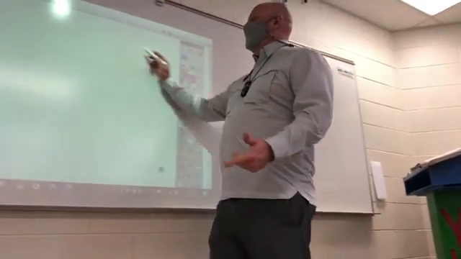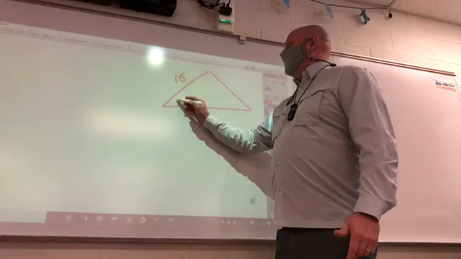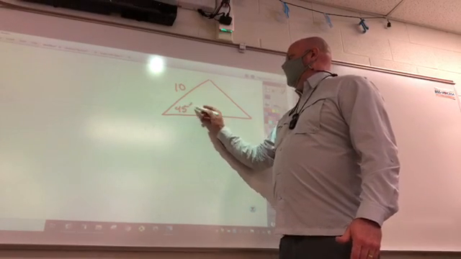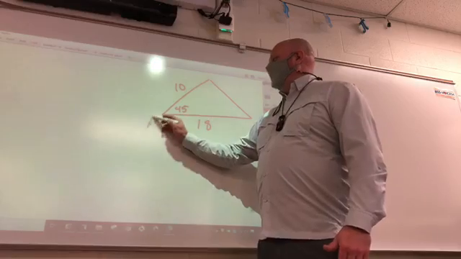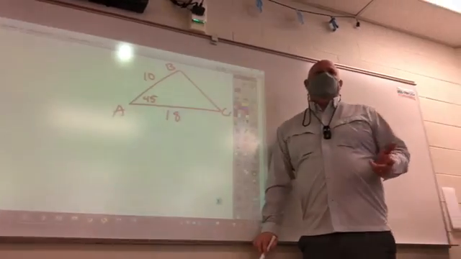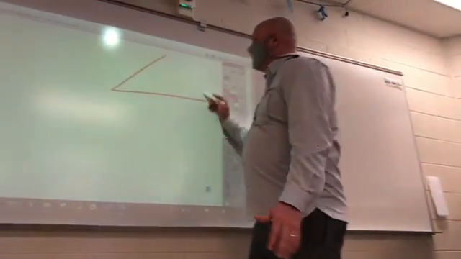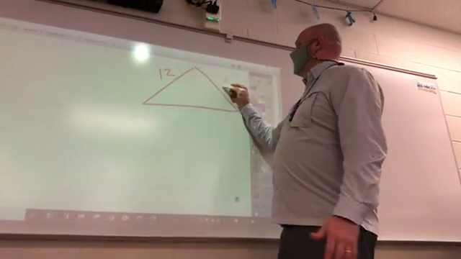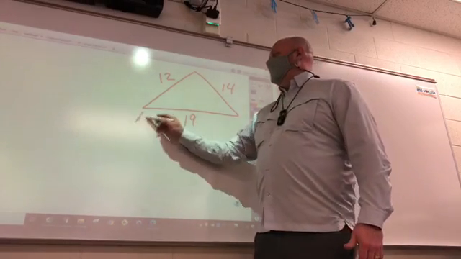It doesn't work if you have a side angle side case, right? If you're in this situation, I don't have a pair. I can't use the law of sines. It also doesn't work if it's side, side, side, right?